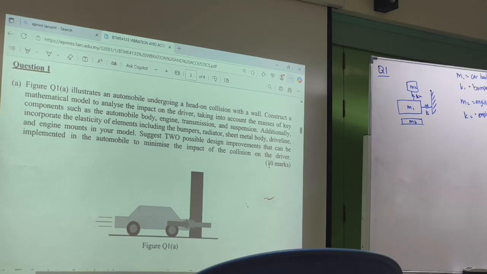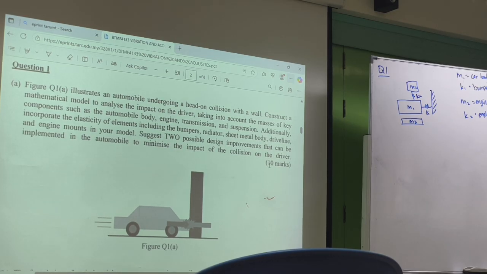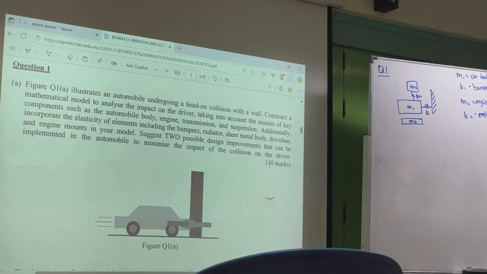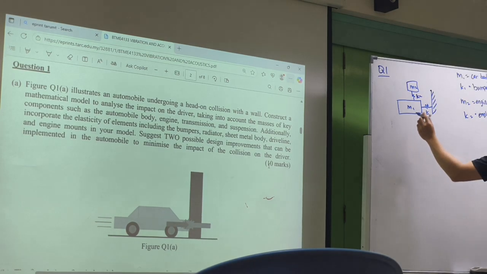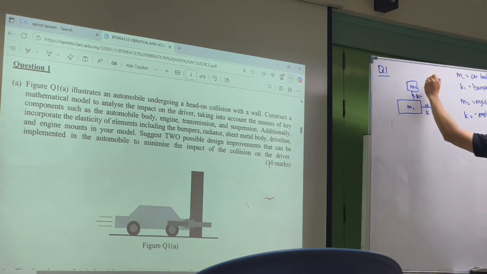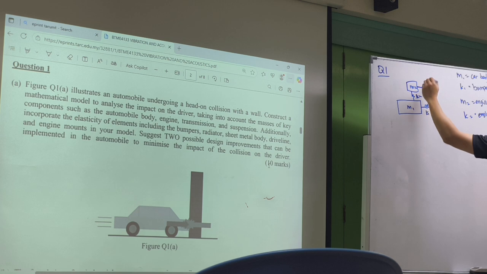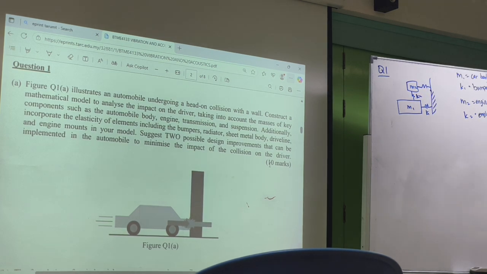The last one is the drive line. Put them together, because it's quite hard to separate. Then you come like this. And then the engine also contributes to the heating on the surface.